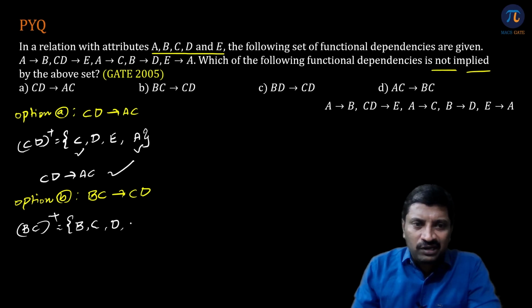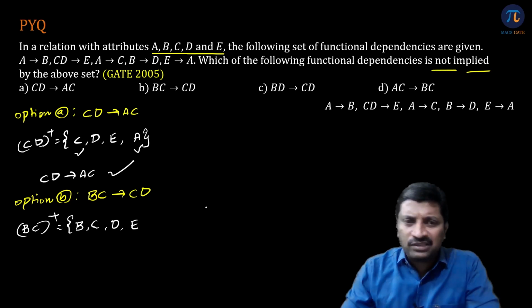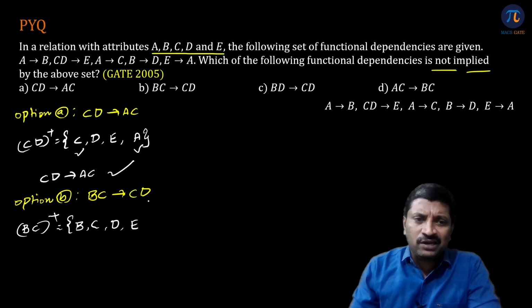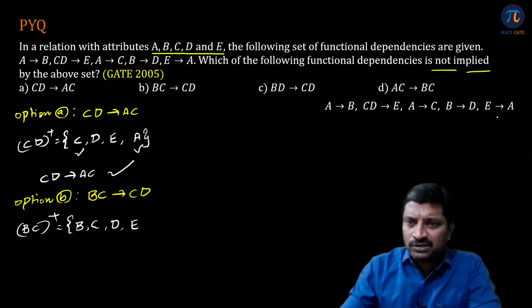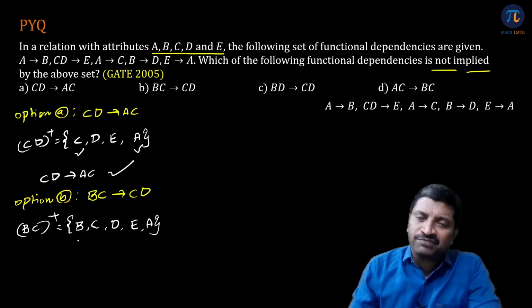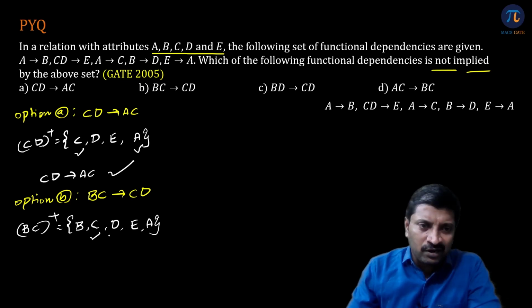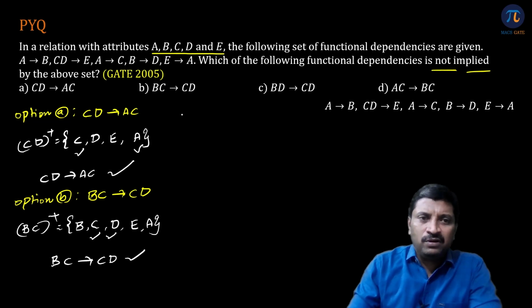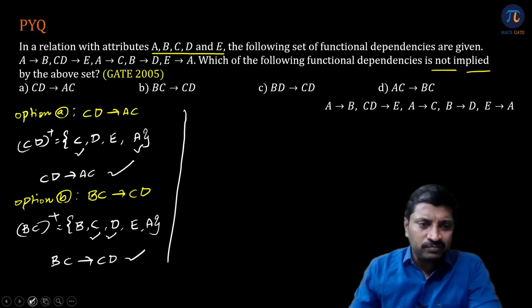With the C, D, we can find E. Okay. Then anything else, sir? I think we can stop here because we already got C, D. Anyway, let me finish it. With the E, we can find A. So with B, C, we can find all the attributes. We already have C, D. So BC implies CD holds. What about the next 2 options, sir?